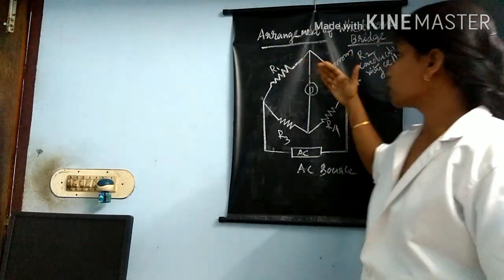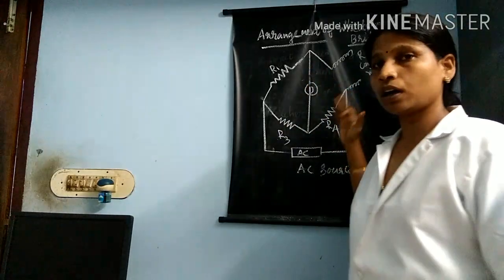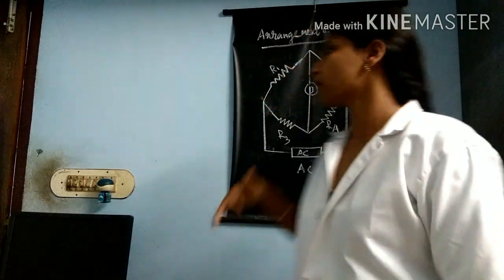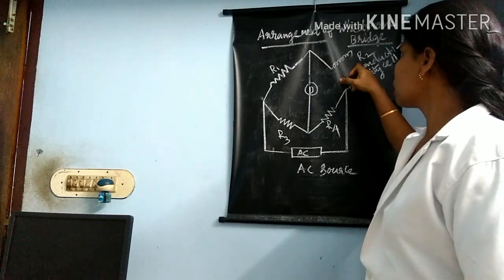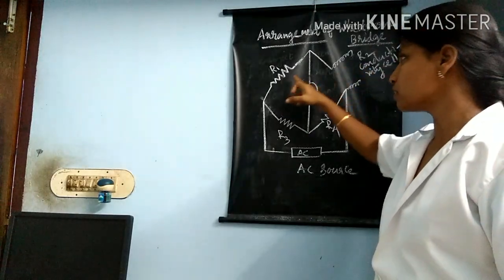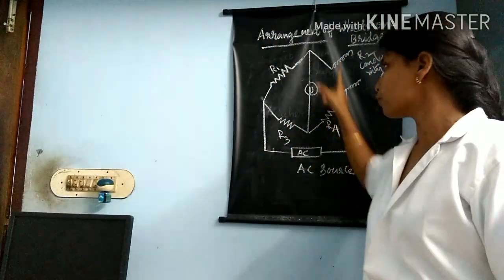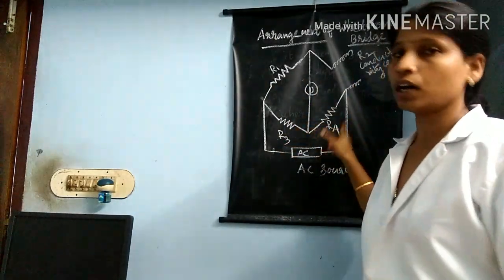In this arrangement, there are 4 resistances R1, R2, R3, R4. Here, we have to measure the conductivity of electrolytic solutions. These are the 4 arms of the Wheatstone bridge: R1, R2, R3, R4.